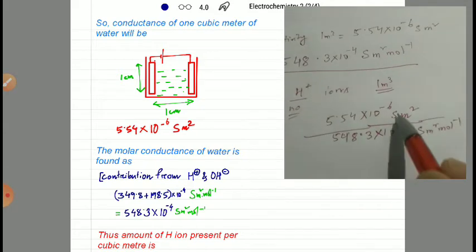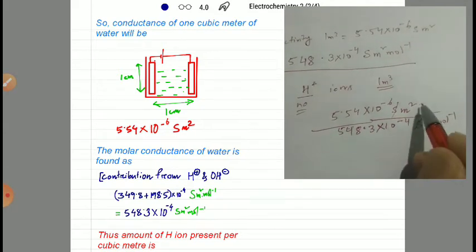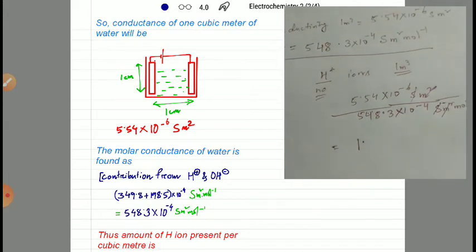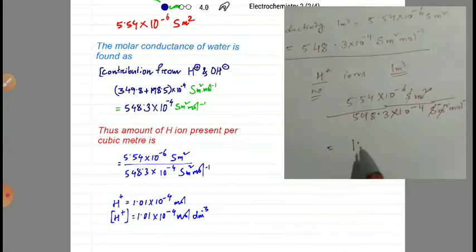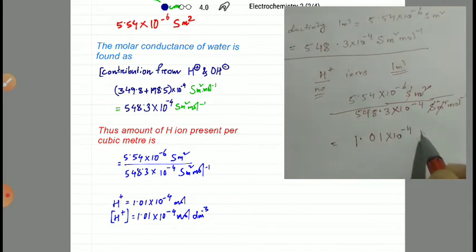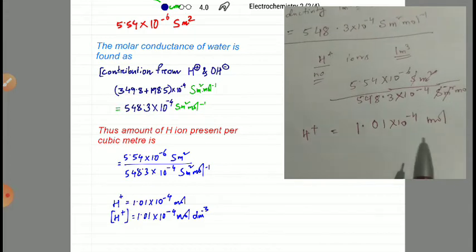So the units cancel out, and it gives you a value which is 1.01 into 10 to the power minus 4 mole. So this is the number of moles present in 1 meter cube.